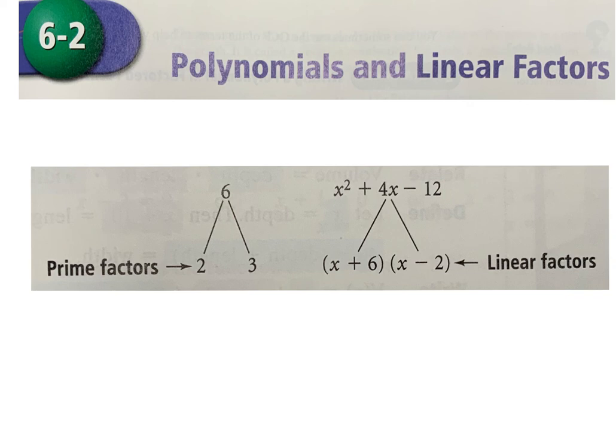With polynomials, you can break it down to linear factors, meaning you're breaking it down to factors that have a degree of 1. Most of the time you can break it down into linear factors. Sometimes you get stuck, especially if you are staying in the real number world and not the imaginary number world, because you could potentially have like an x squared plus 2, which is lending itself to an imaginary number.